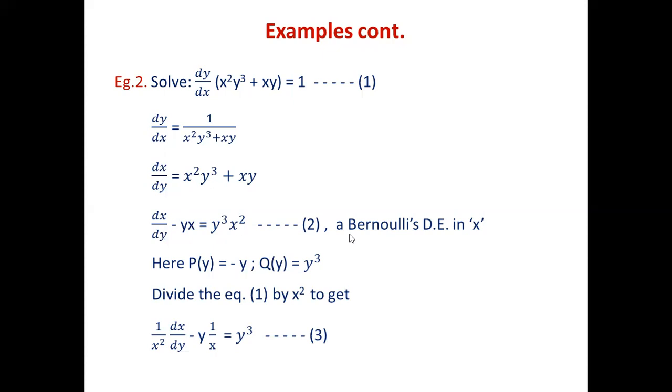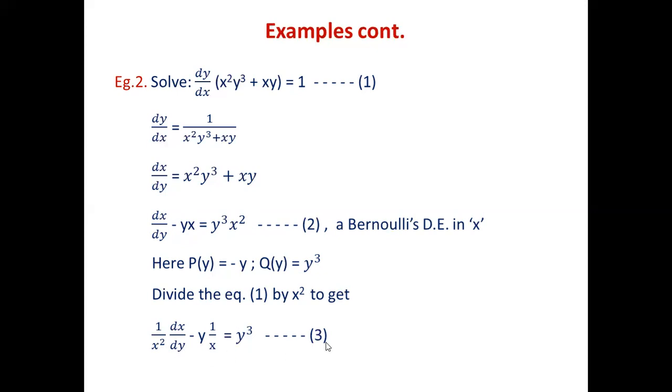So divide the equation with x square, because in the linear equation in x, you have to have only a function of y on the right hand side. So you have to divide the entire equation by x square. After dividing the equation by x square, you will get equation 3.